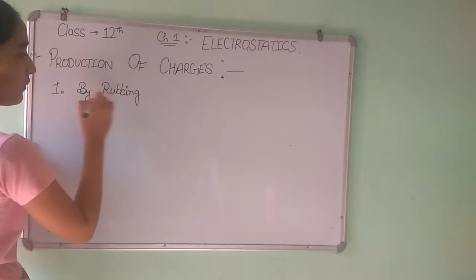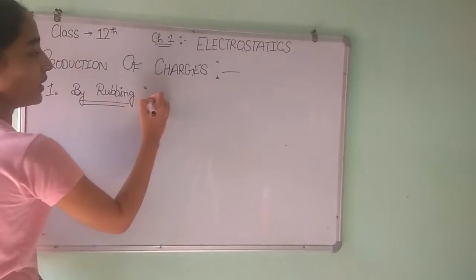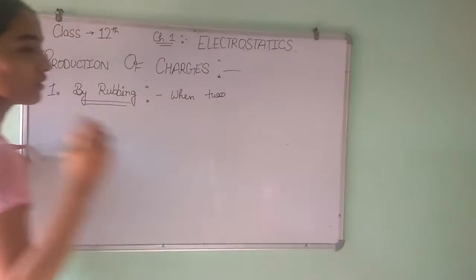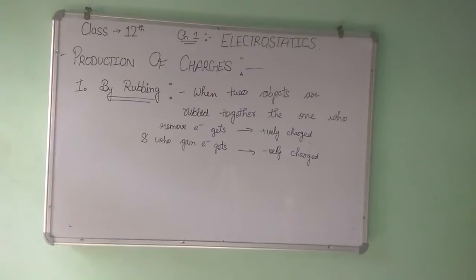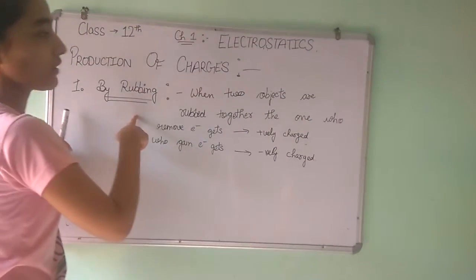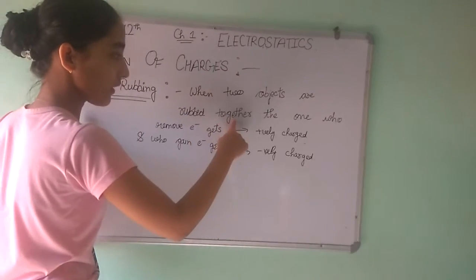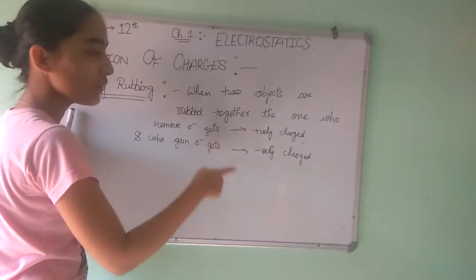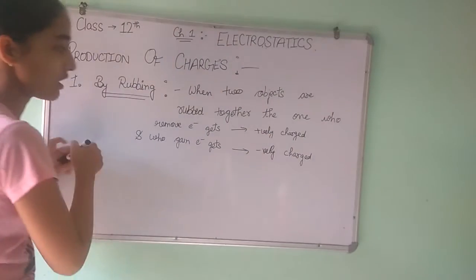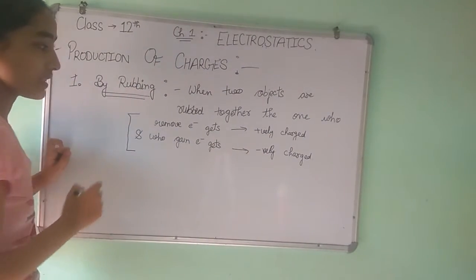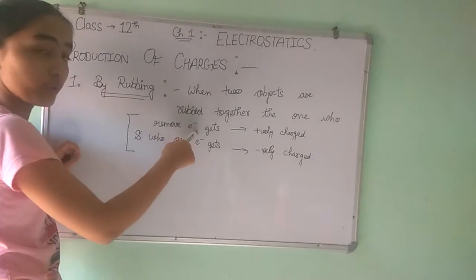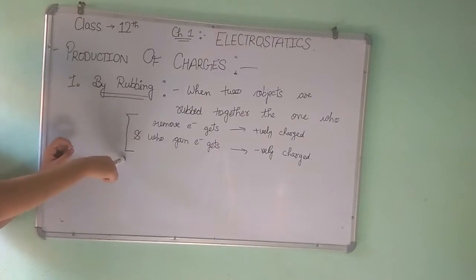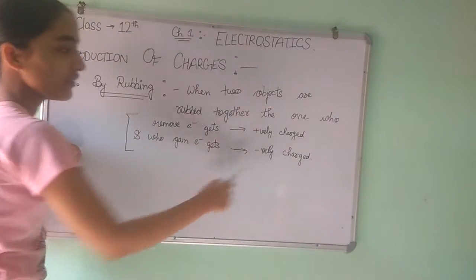Keep in mind, in this rubbing method, when two objects are rubbed together with their surfaces on each other, then the one who will remove electrons will get positively charged. Keep these two sentences in mind. When an object removes electrons, it gets positively charged, and when an object gains electrons, it will become negatively charged.